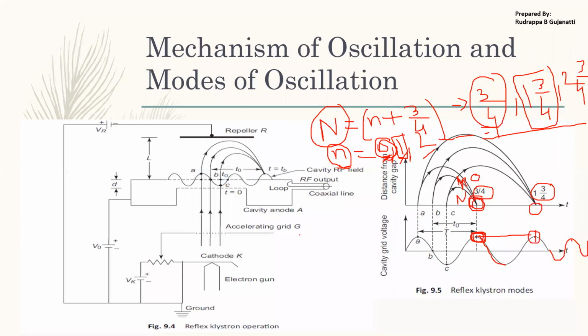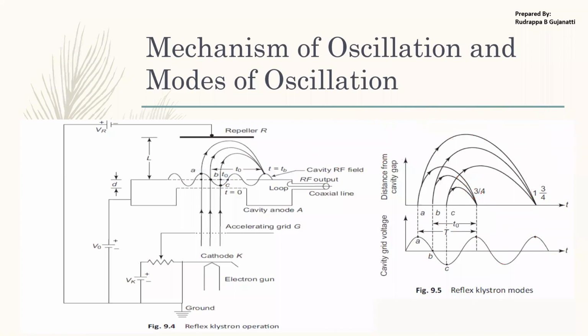Another thing to note is that, depending on which mode you are operating in, the output power also depends on this factor. Suppose we assume that bunching happens at mode 3 by 4. Then the output power will be higher compared to the next mode.